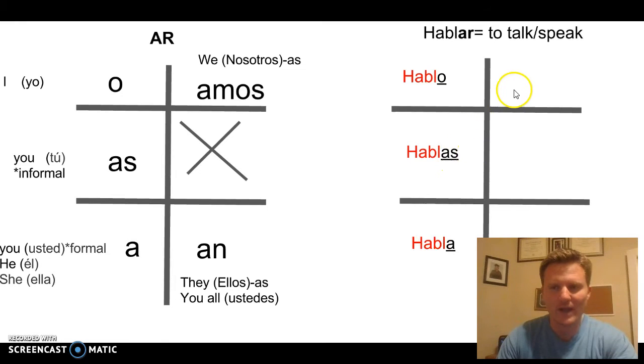Okay, the top right quadrant. This one is going to be, if we look over here, we know that we're going to have the stem HABL, but we're going to add the ending of amos for the we. And so you get the word hablamos. Remember that the H's in Spanish are silent, so you don't hear them.